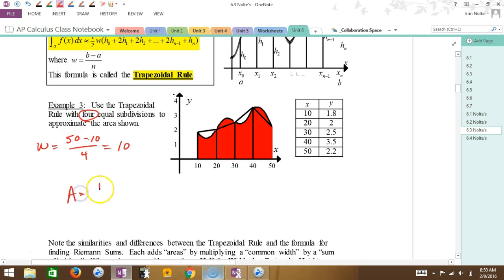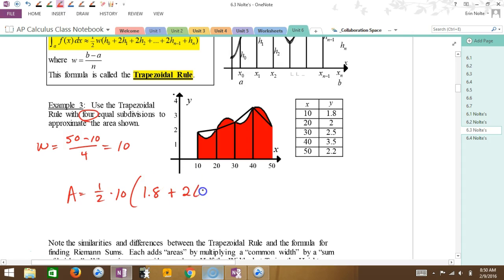So the area will be 1/2 times the width of 10. And then we're going to do the first height, which is 1.8. And then we're going to add all of the other heights in the middle times 2.